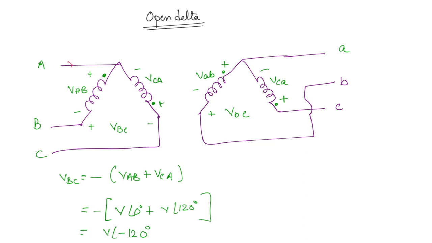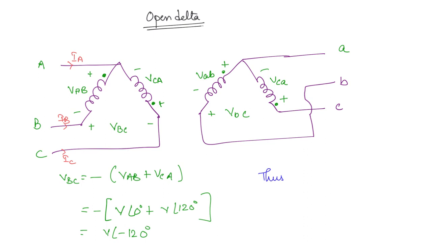Now what about the currents? In a similar way, if you take these as IA, IB and IC, you can see that IA is still equal to minus of (IB plus IC), just like in a 3-phase balanced system. In this way you can verify that the current relationships also satisfy the 3-phase balanced system relations.